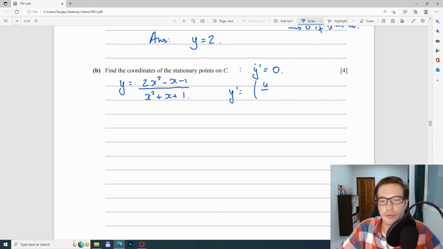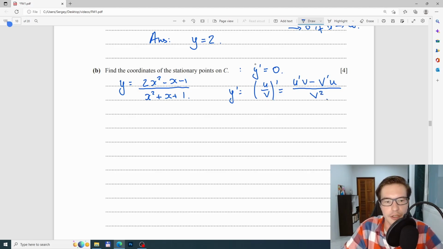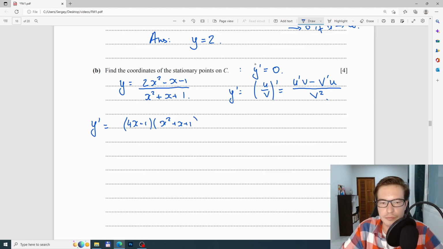So it's the derivative of u over v, which is u derivative times v minus v derivative times u, over v squared. Okay, let's go. U derivative is going to be 4x minus 1 times the denominator, minus derivative of the denominator, which is 2x plus 1, times the numerator, over the denominator squared.